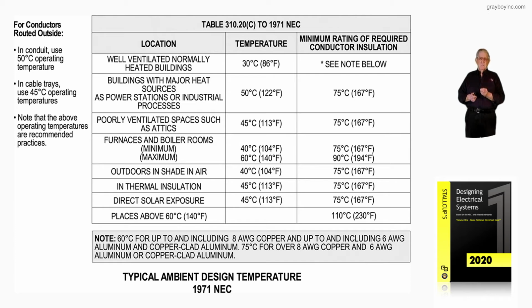And you can see, if you look at the location where the wires routed, and it says poorly ventilated spaces, such as attics, start with 113 degrees Fahrenheit. And you could terminate to 75 degrees C terminals if the terminals was rated for that.